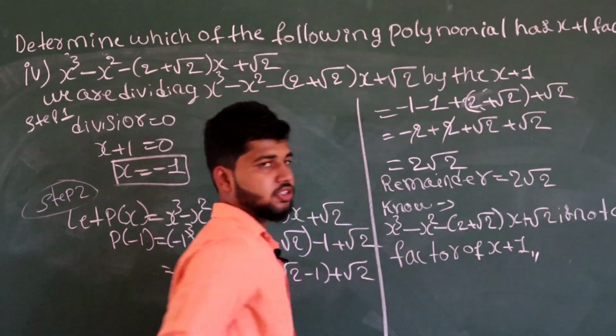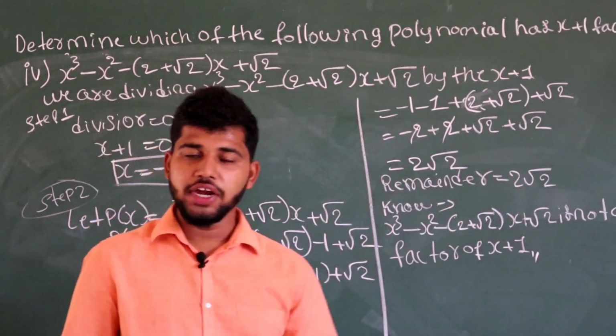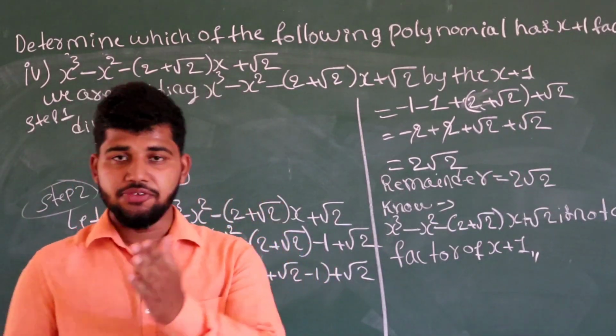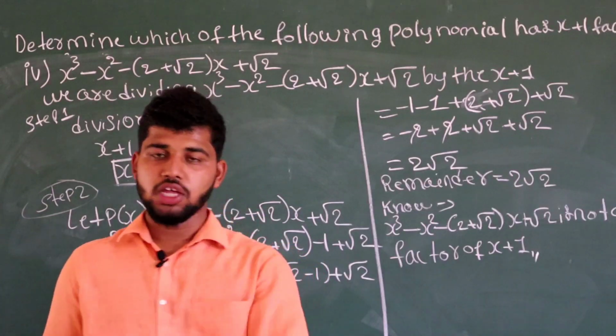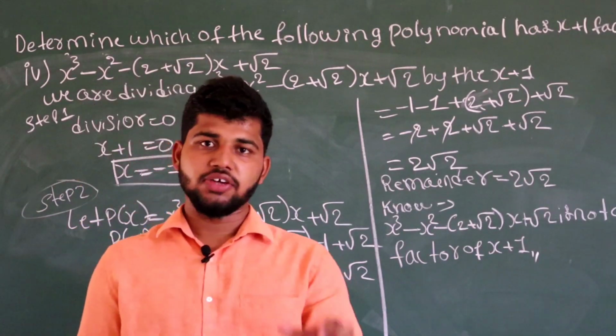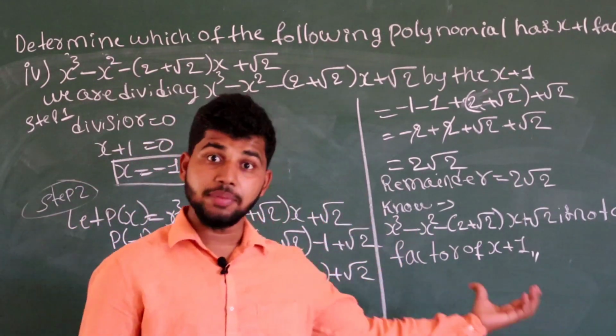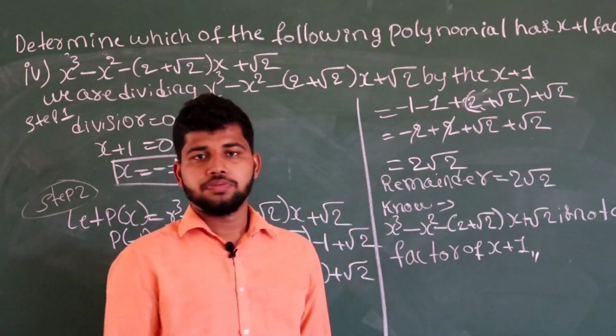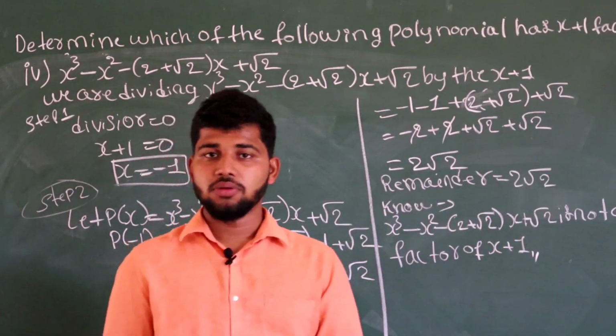Why is it not a factor? If we get the remainder equal to 0, then it is a factor of x plus 1. We got the remainder 2 root 2, so it is not a factor of x plus 1.